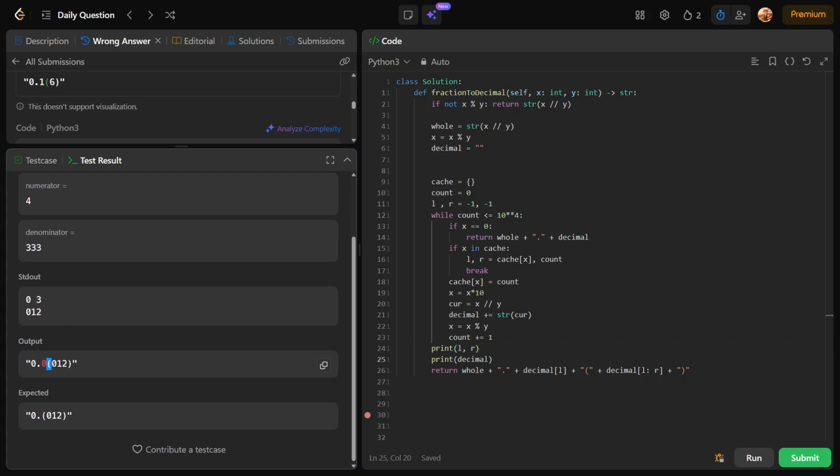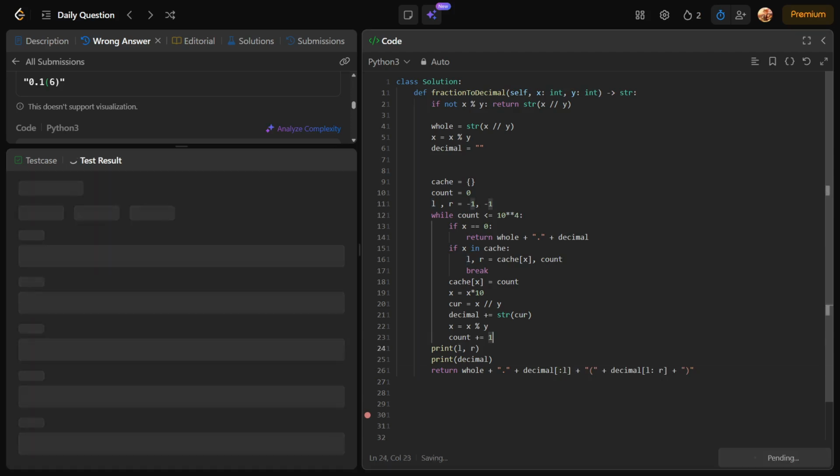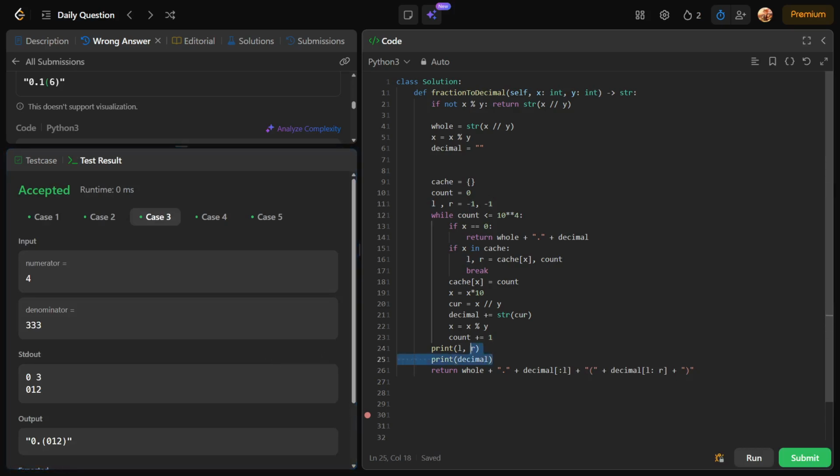Why is it 0? Up to L. 0 to L. Perfect. Wow. Okay, we do have it.